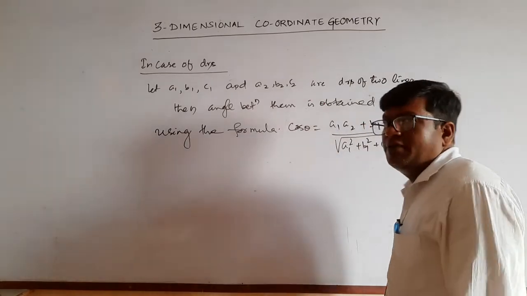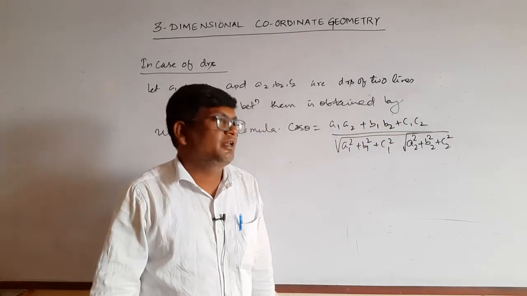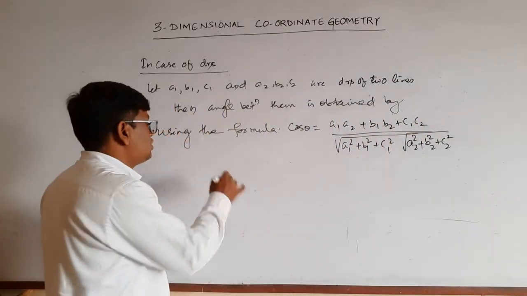This is the formula to find the angle between two lines if direction ratios are given.